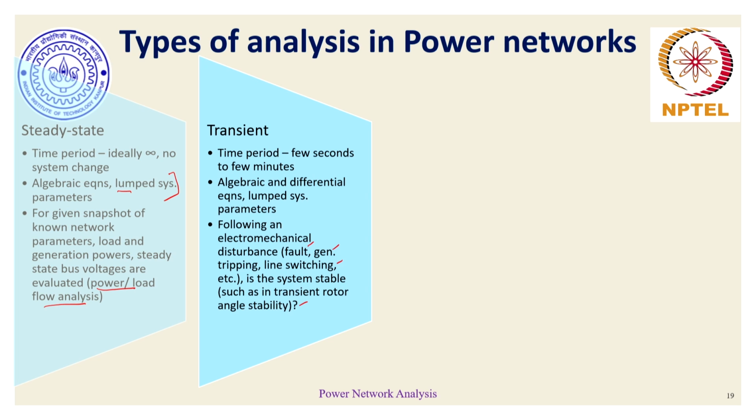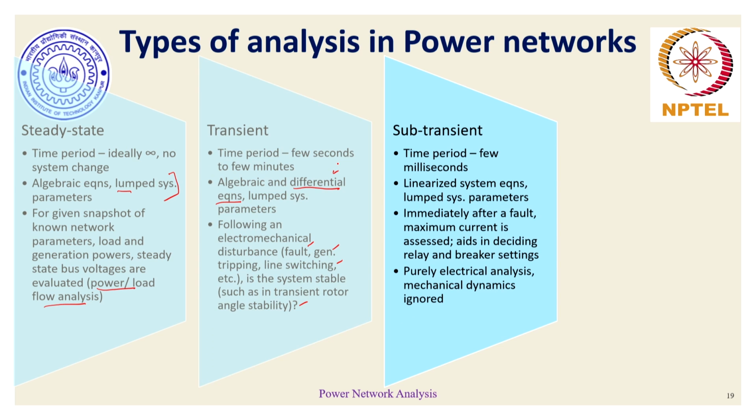In order to understand the dynamics of how the system endures these changes, we also need certain differential equations along with algebraic equations, and the techniques for doing this transient analysis are definitely going to be different from steady state analysis, because we have additional differential equations.